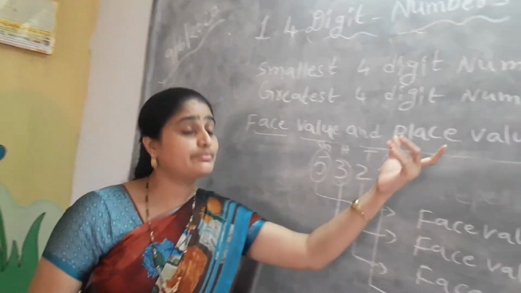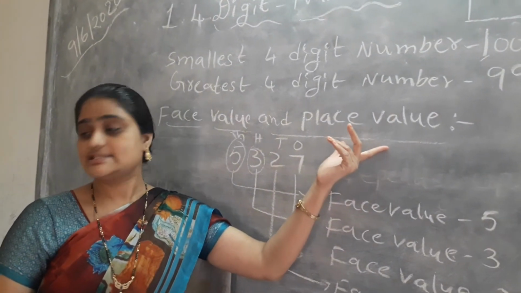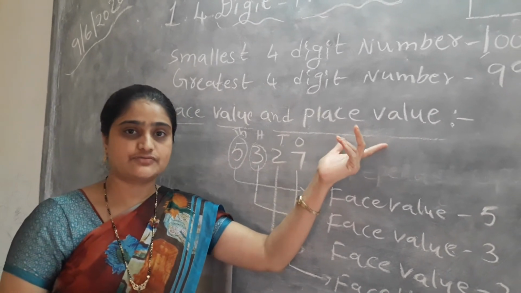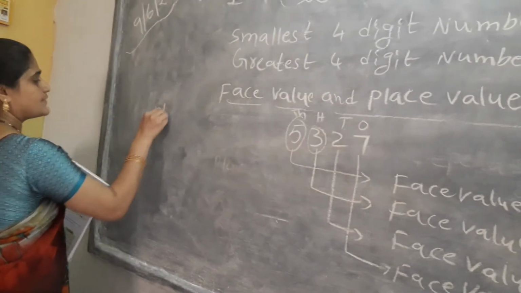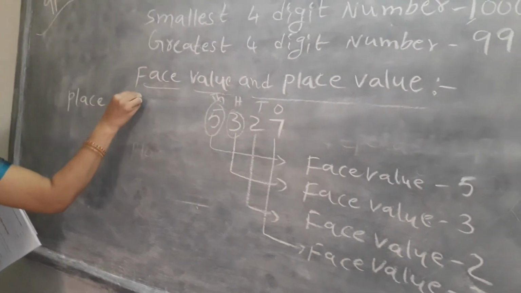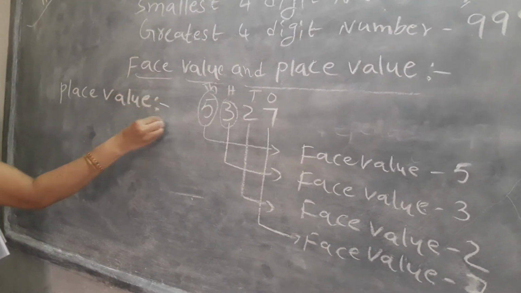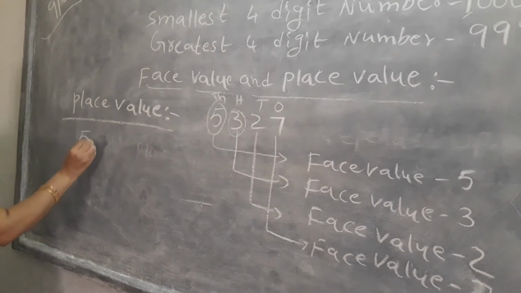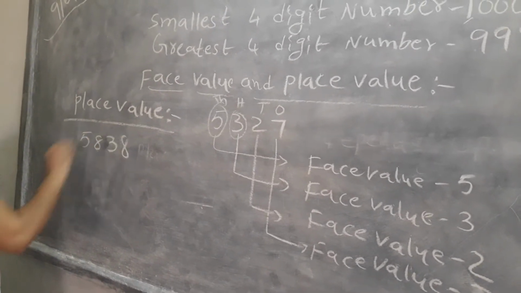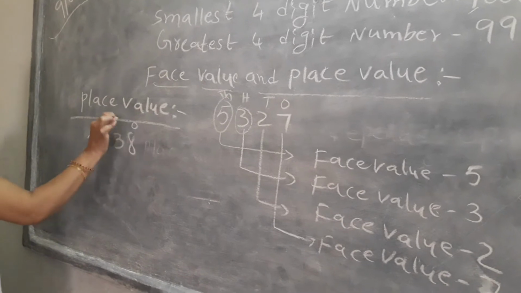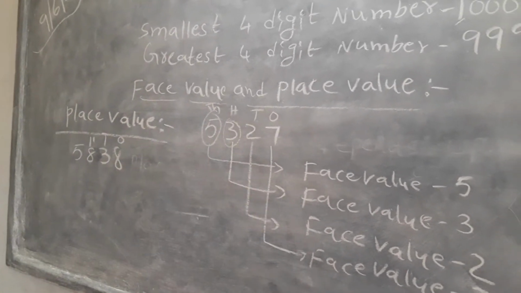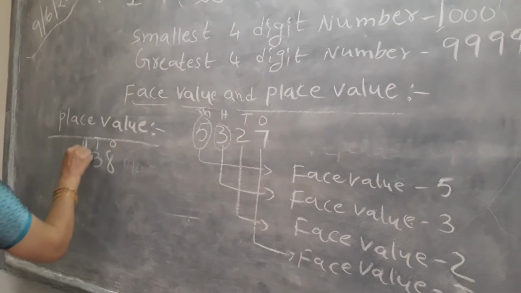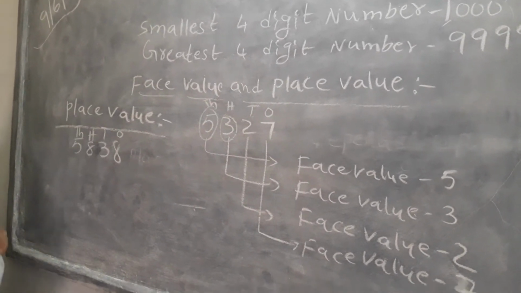But what is the place value? Now we will see place value. For example, I will write another number. Here see: ones, tens, hundreds, thousand, 10,000.